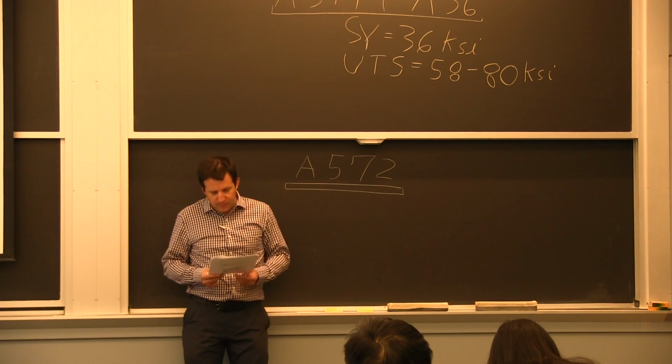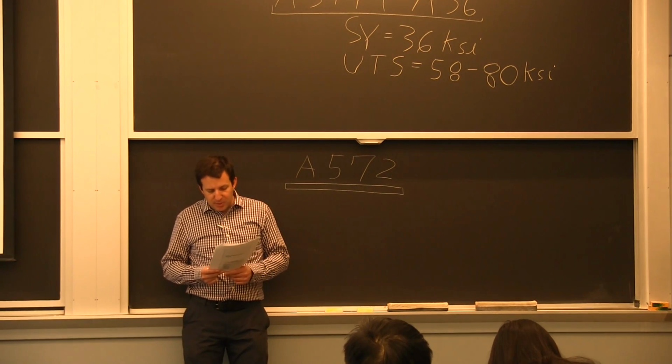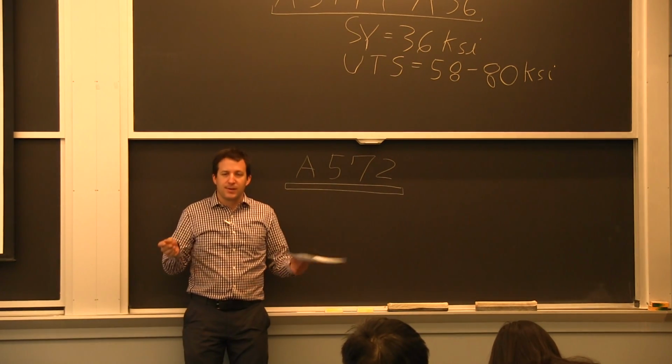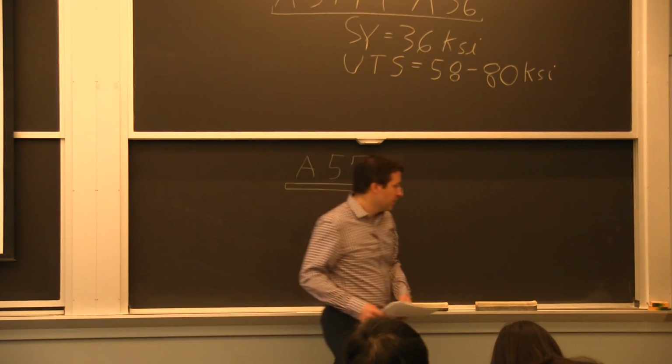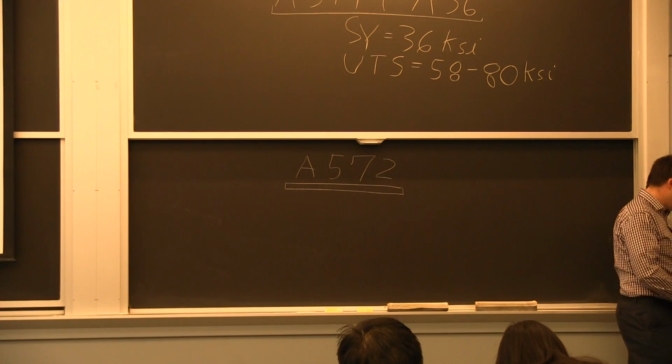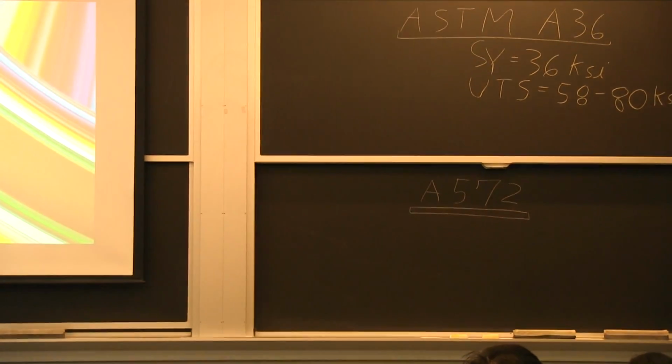So the advantage of having a slightly higher specification is that from one batch to the other, there's less variation. Here, they actually have different types, and that's the first table I'm showing, table 3.